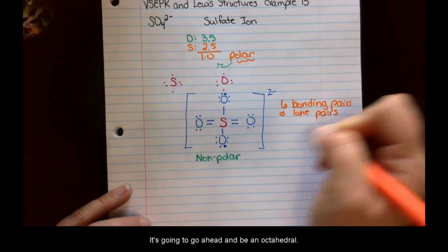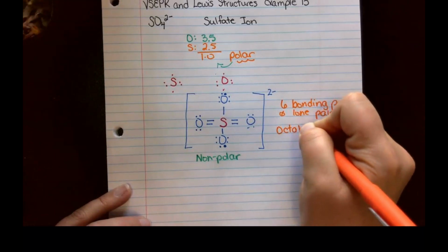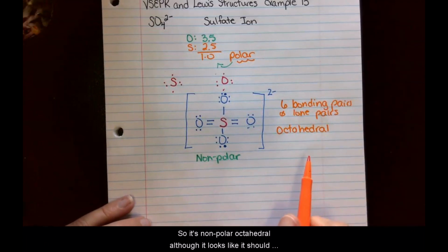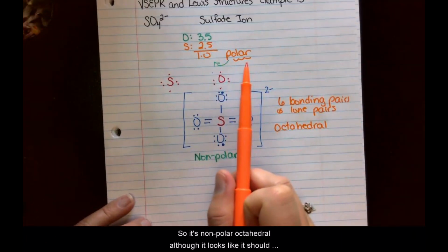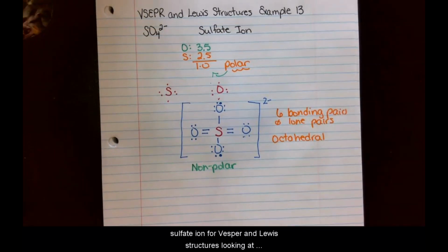So this is going to be an octahedral shape. So it's nonpolar octahedral, although it looks like it should be polar because of the extra oxygens and the shape. It does equal out and become nonpolar. This was for the sulfate ion for VSEPR and Lewis structures, looking at how they affect molecular geometry.